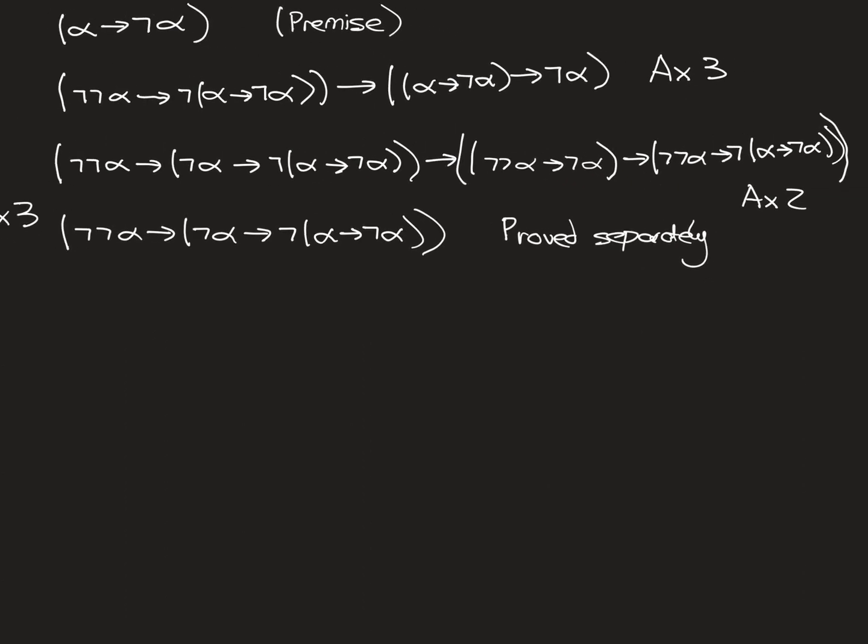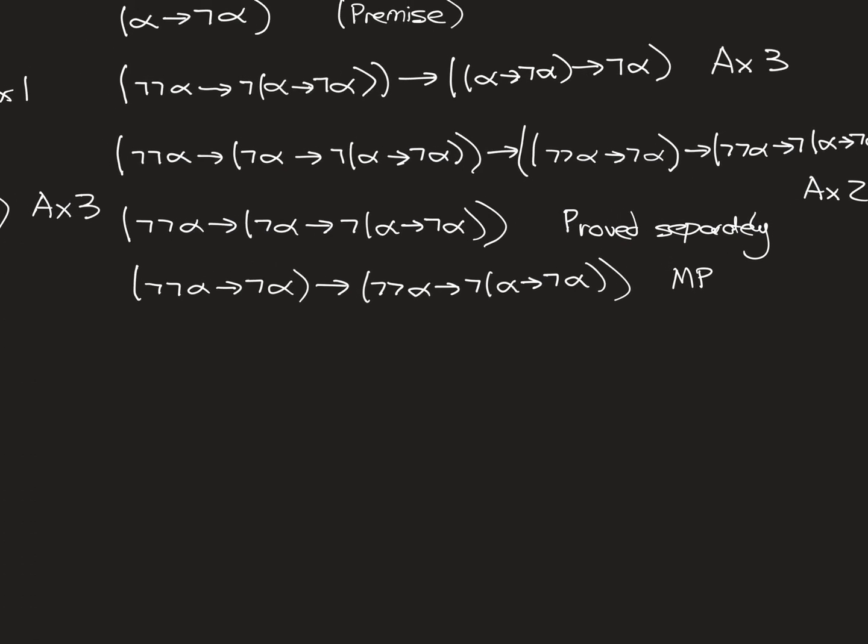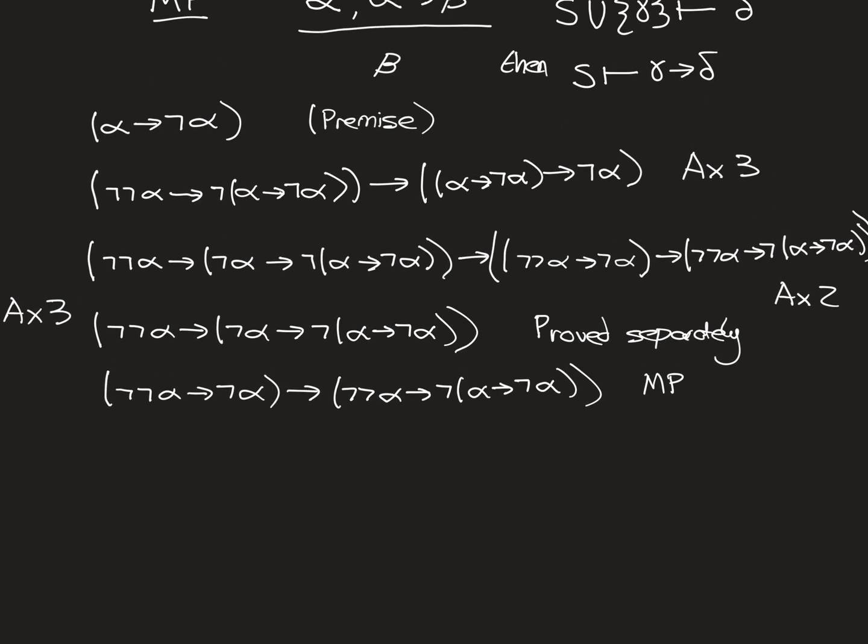So we'll then get the consequence just left over. So we'll have not alpha implies not alpha implies not alpha implies not alpha implies not alpha. And that's by modus ponens. So we're getting closer. We are getting closer, much closer.